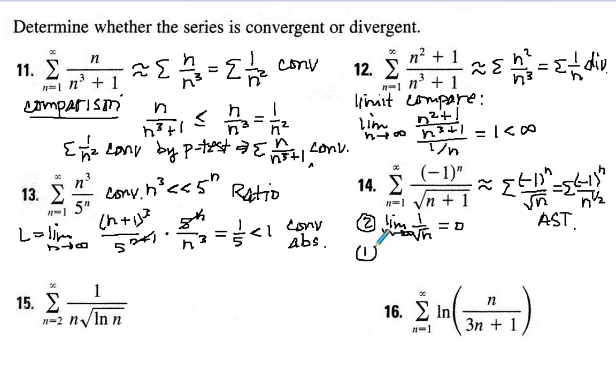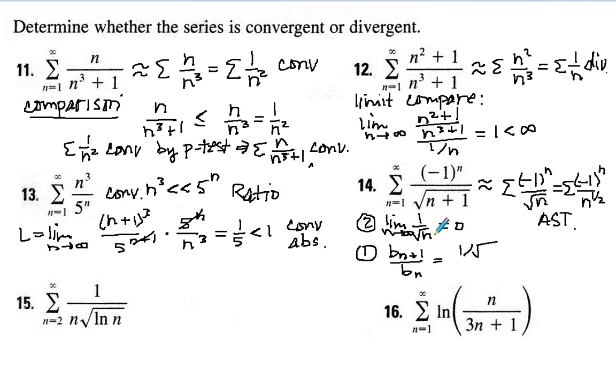And then the first one, that the sequence is decreasing, and here I think we can use the ratio to check that it's decreasing. So b sub n plus 1 over b sub n. So this is going to be 1 over root n plus 1.